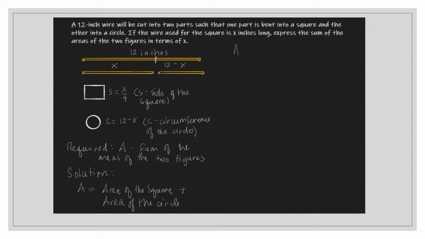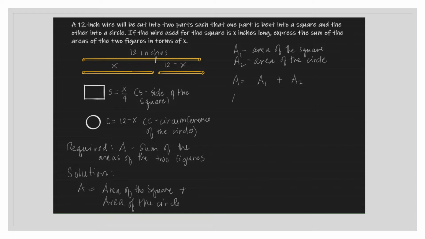So let's use A1 for the area of the square and A2 for the area of the circle. And we want the area of the square plus the area of the circle to be in terms of x. So we have A equal to A1 plus A2.